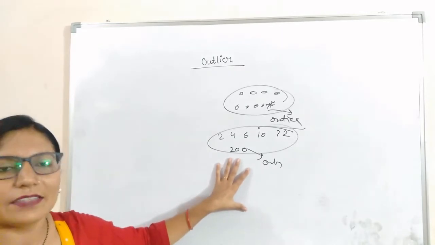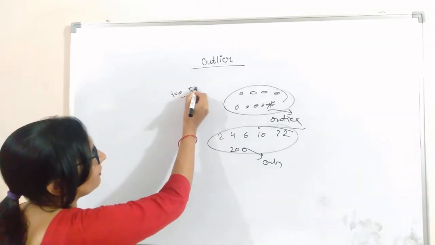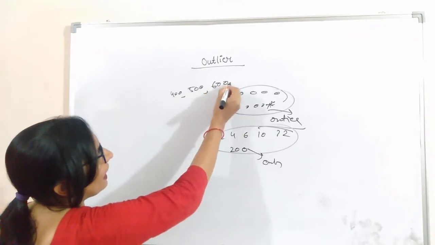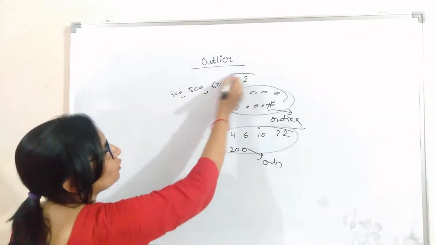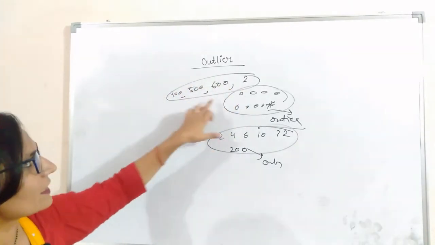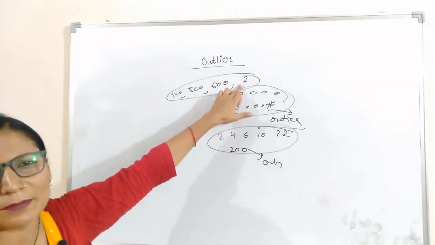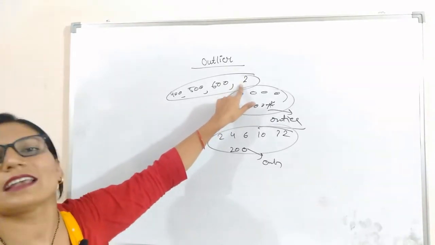Outlier can be anything. In case we have data like 400, 500, 600 and we get a new point which is 2, there is no combination of 2 with these three. If we match them and find that it is something different, that is an outlier.